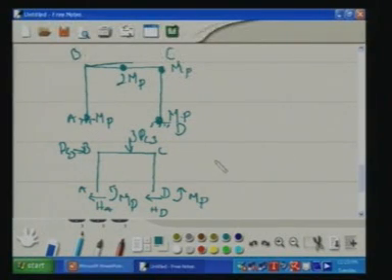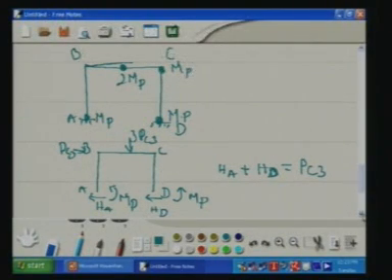So if we write the equilibrium equation in the horizontal direction, HA plus HD will be equal to PC3. HA plus HD will be equal to PC3 in the horizontal direction.